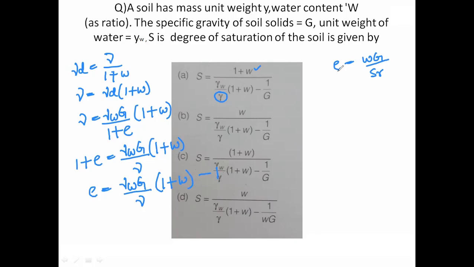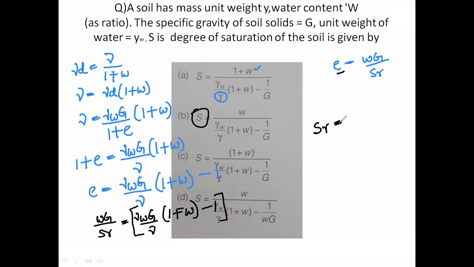Now I know that e is equal to wG by Sr. So I take wG by Sr equal to gamma w G divided by gamma into 1 plus w, minus 1. I want the equation in terms of degree of saturation.